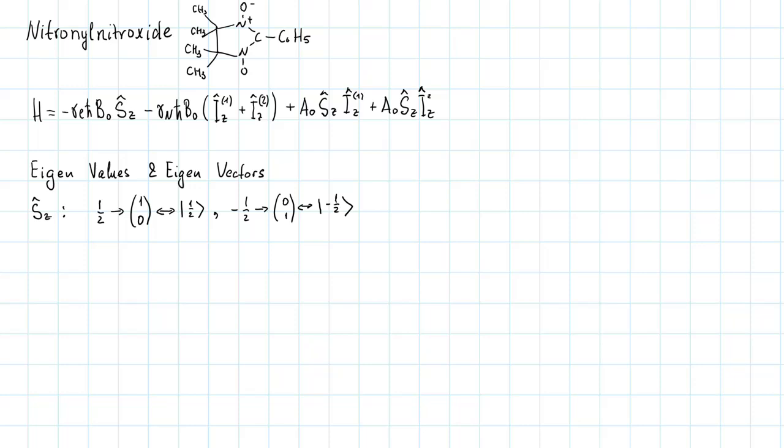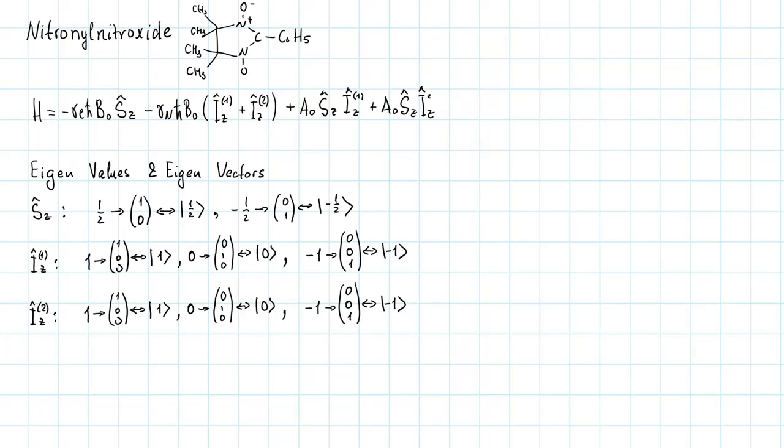The nitrogen isotope N14 has spin 1. The spin projection operator I_z has three eigenvalues, 1, 0, and -1, with the corresponding eigenstates, which can be denoted via ket vectors. Since nitronyl nitroxide has two nitrogen nuclei, I have to write the same eigenvalues and eigenstates for the second nitrogen nucleus.